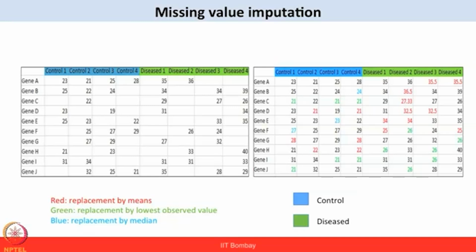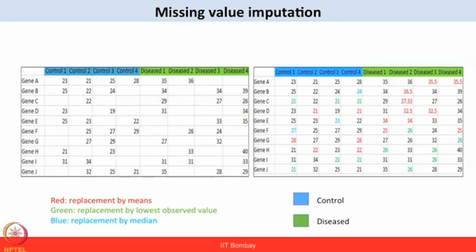And the last one, green, highlights the replacement by lowest observed value. It assumes that the peptide is below the detection limit in the sample. That is why we are encouraged to use this kind of imputation by the lowest observed value, shown in green.